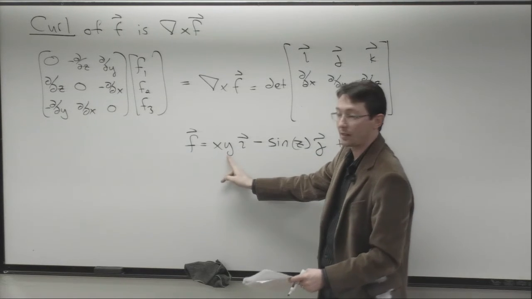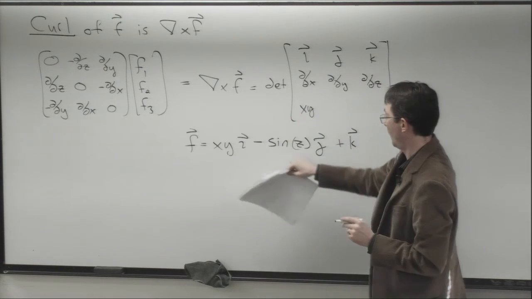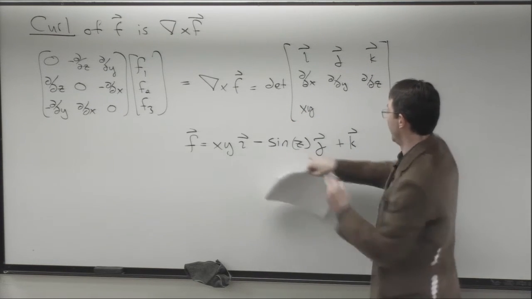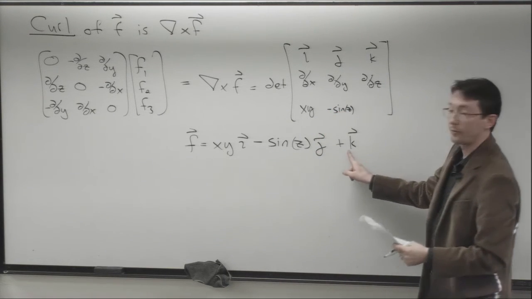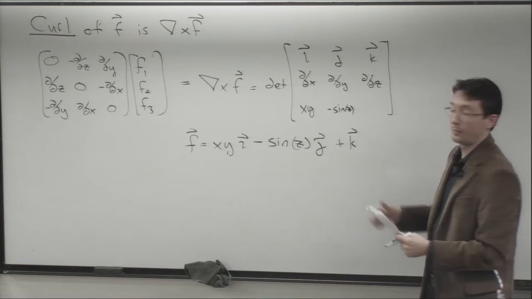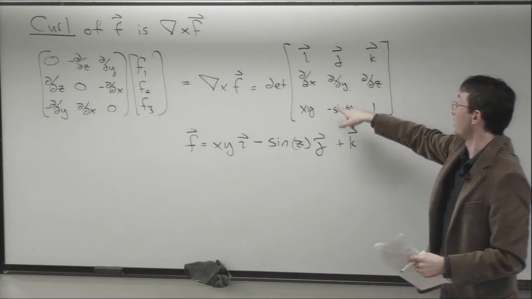So f1 is x times y, f2 is minus sine of z, and f3 is just the constant 1.